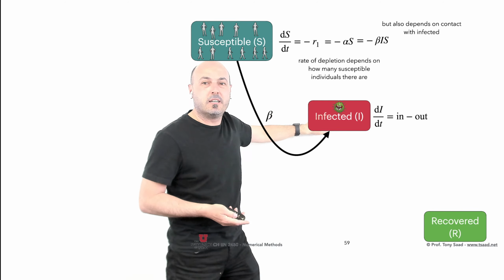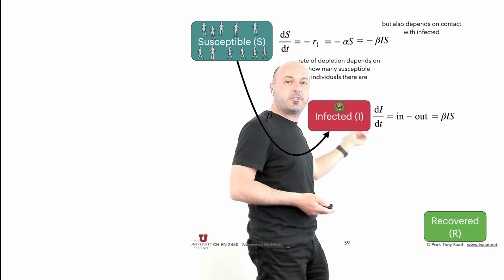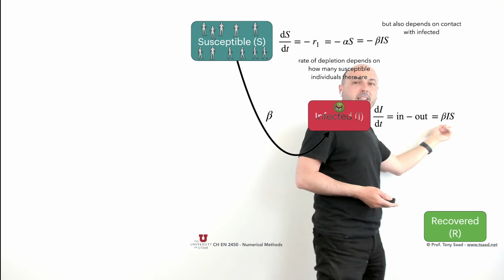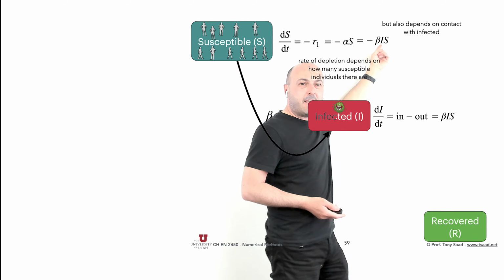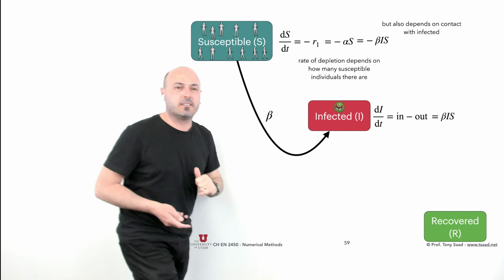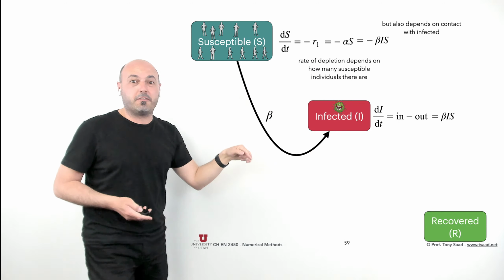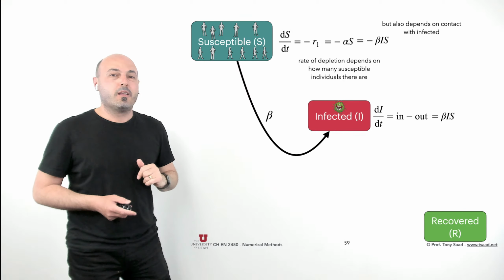They're going to the infected. So we know the input rate of the infected population. It's beta times IS. Minus beta IS leaves the susceptible, but beta IS comes into the infected, right? That's the rate of people coming into the infected category, okay?